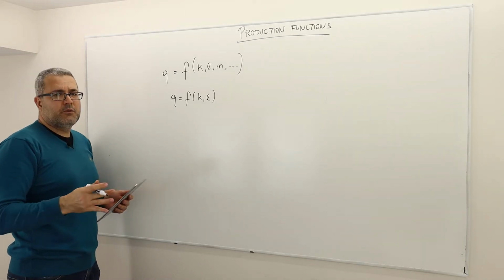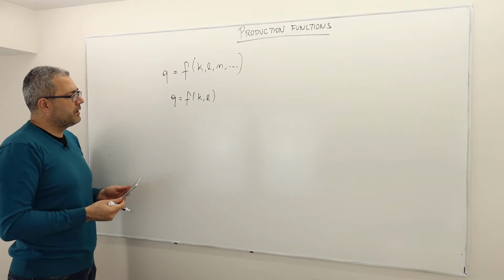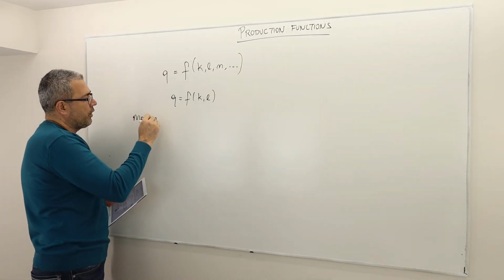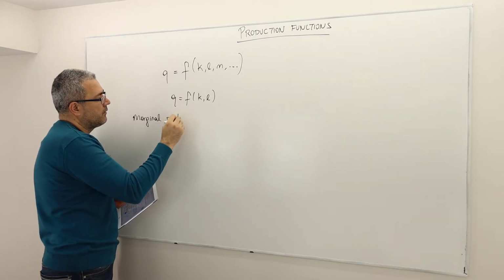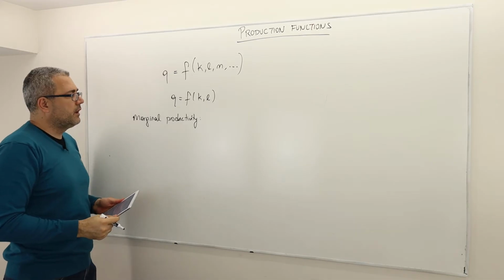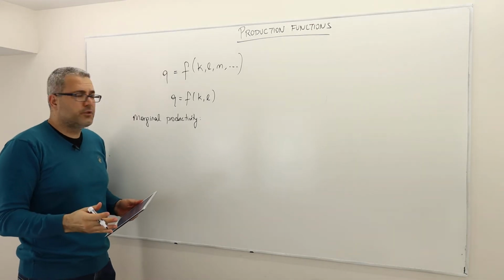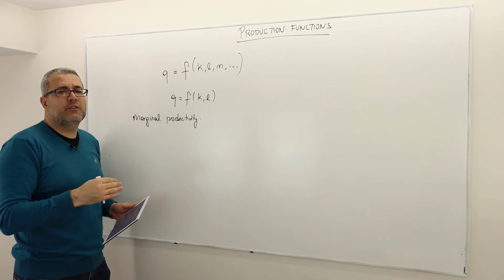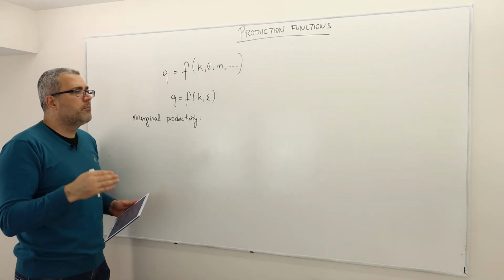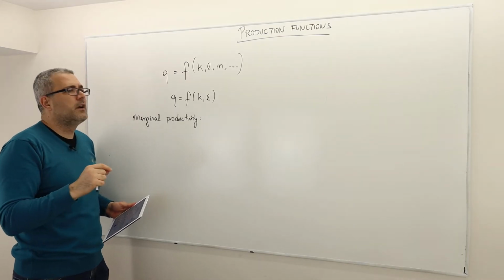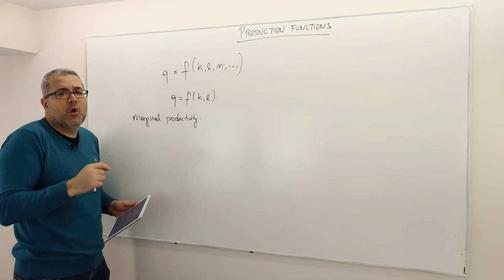Probably, some notions that you already know from intermediate micro is the marginal productivity. Well, the idea is the following, very similar to marginal utility. The marginal productivity is basically additional units of output you can produce by using an infinitesimal or small increase in one of the inputs.